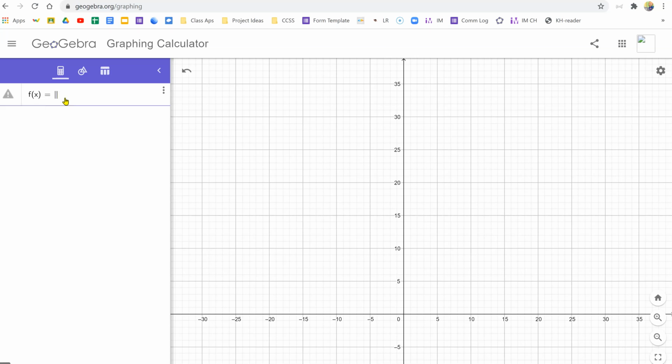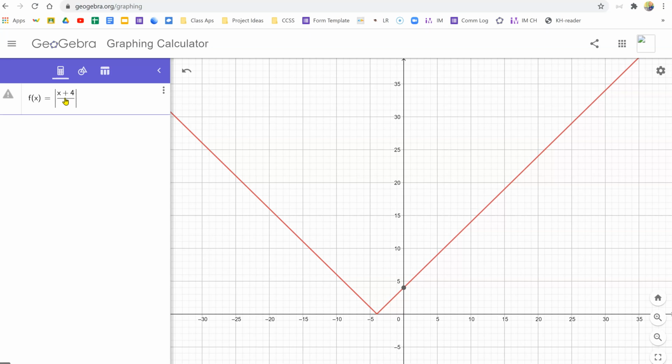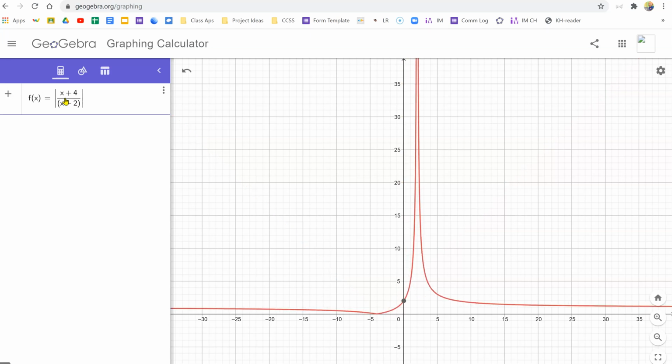Hit parentheses, and then you can see the absolute value bars appear. We're going to put the top part of the function in parentheses, x plus 4, and that's divided by x minus 2, and then outside the absolute value it's going to be minus 3.